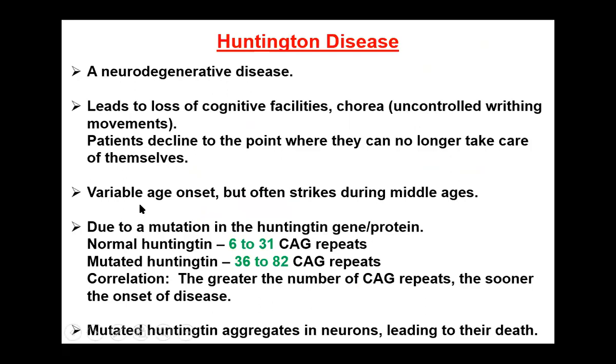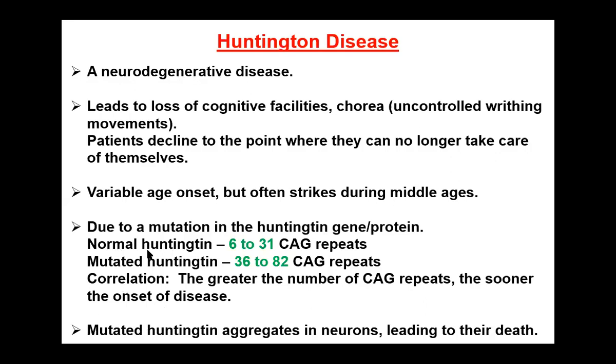With Huntington disease, there's variable age of onset, but it often strikes during middle age. And the reason why I bring this up here is because it relates to an insertion that occurs in the Huntington gene. And the Huntington gene codes for a protein that seems to play a role in causing Huntington disease.